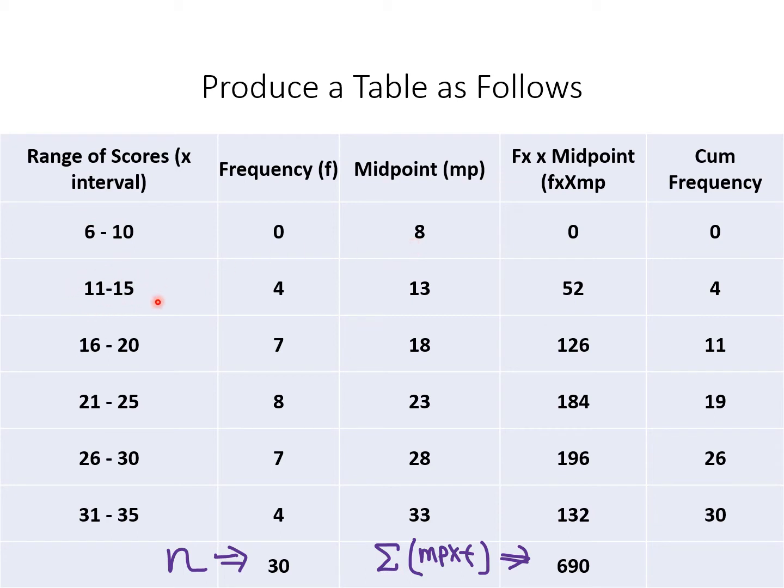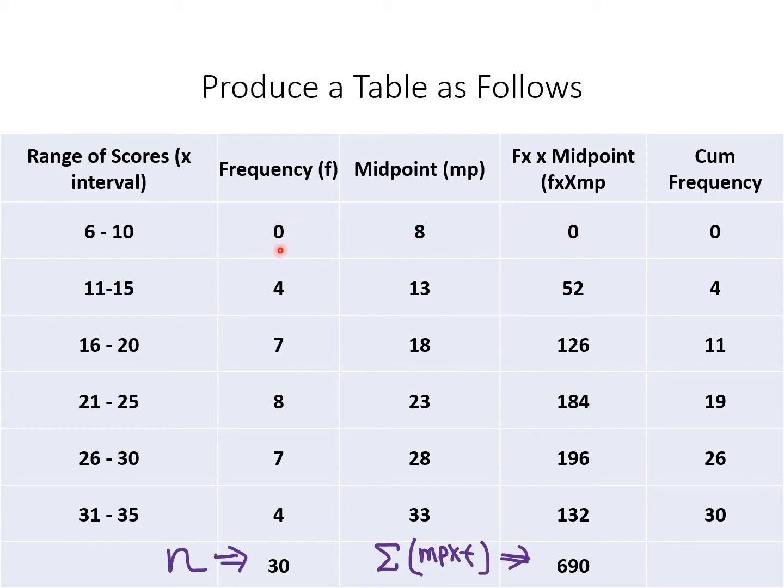Likewise here, 11 to 15, take 11 from 15, you get 4, divide the 4 by 2, and it's 2, and 11 and 2 is 13, and so on along. You'll notice that the gap 8 to 13 is 5, 13 to 18 is 5, and you could check that all along.